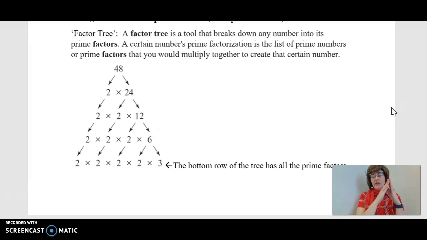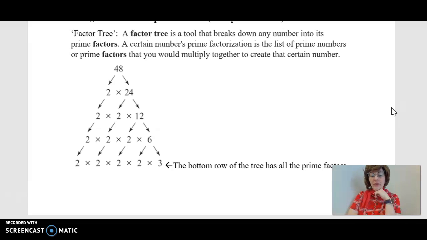48 was broken into two groups of 24. 2 is already prime, can't break that one down anymore. So we'll keep that group of 2, but then we can break down 24 into two groups of 12. We go down again, we can break that 12 into two groups of 6, go back down another level, and now we have everything broken down into prime factors.